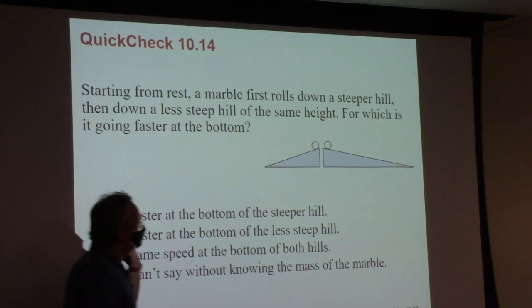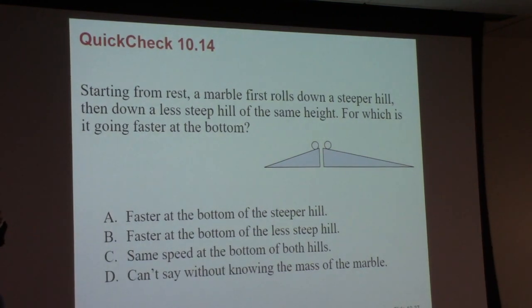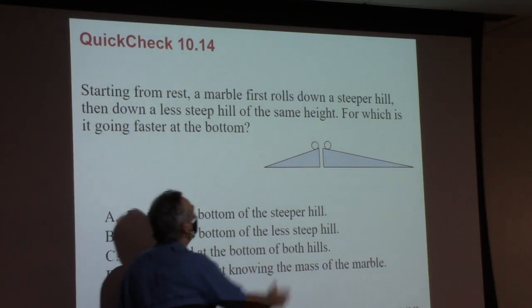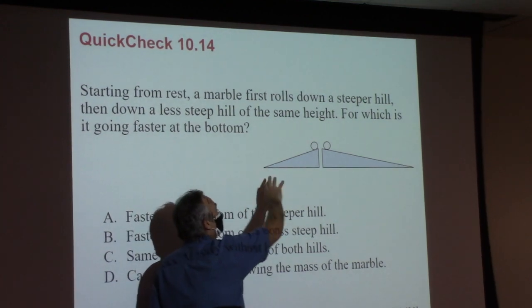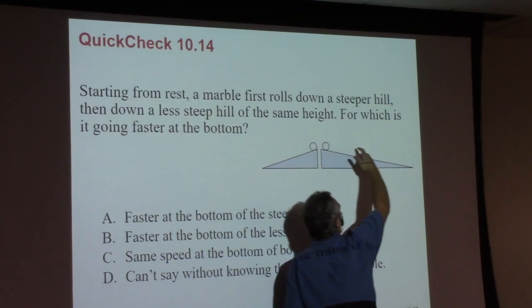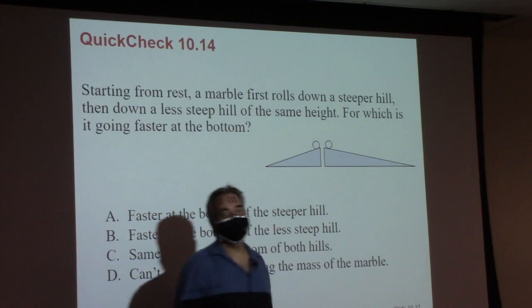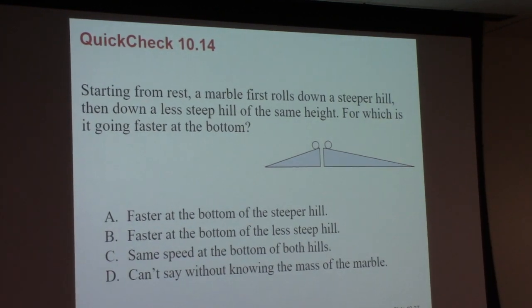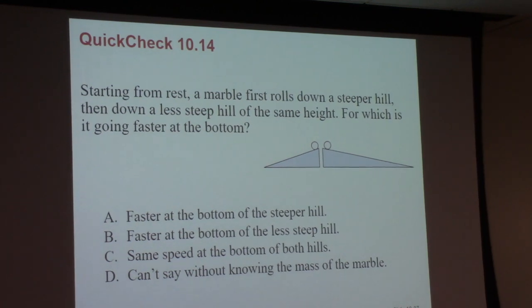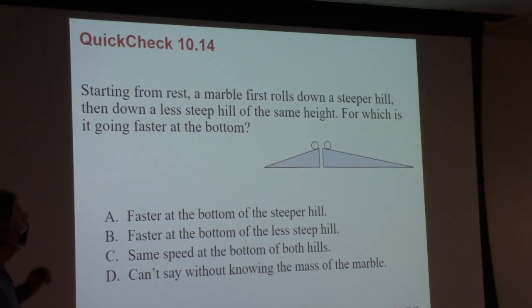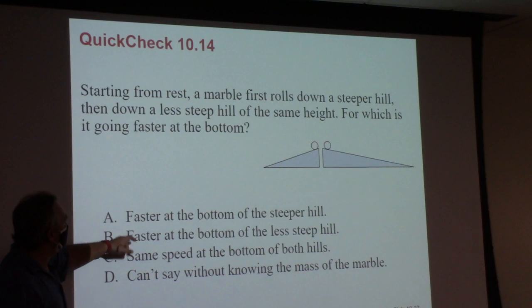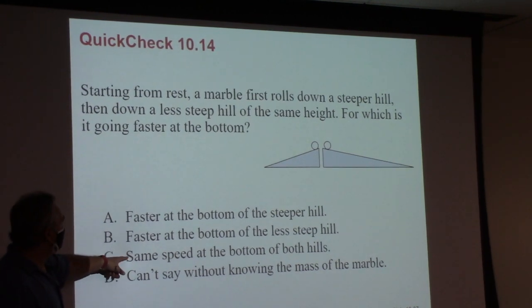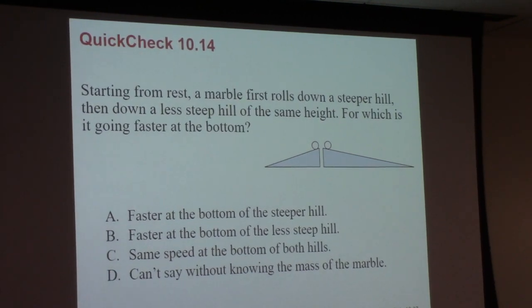If you're trying to think about it just logically, you think, well, this one's going to get here sooner, so maybe it's going to be going faster, or this one's got a lot more time to speed up. How do those effects play together? So we want to know which one's faster. Faster at the steeper, less steep, same, or you can't say without knowing the mass.